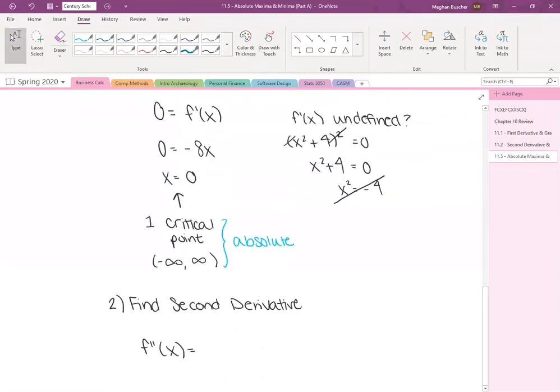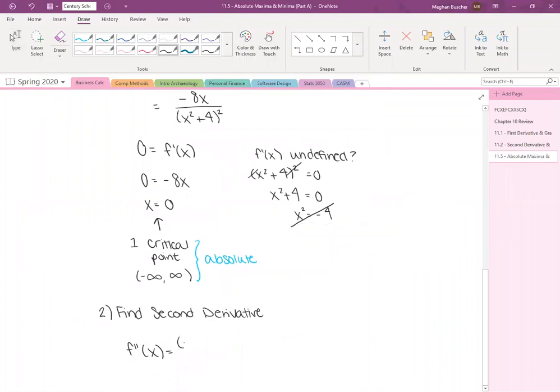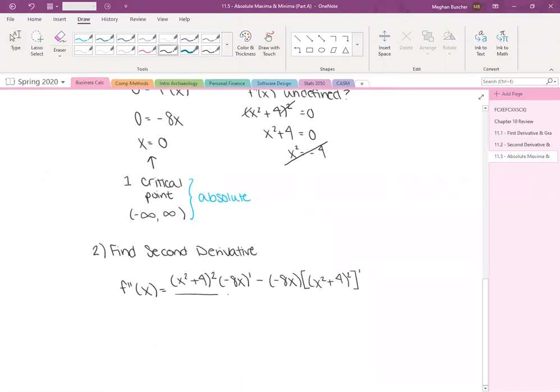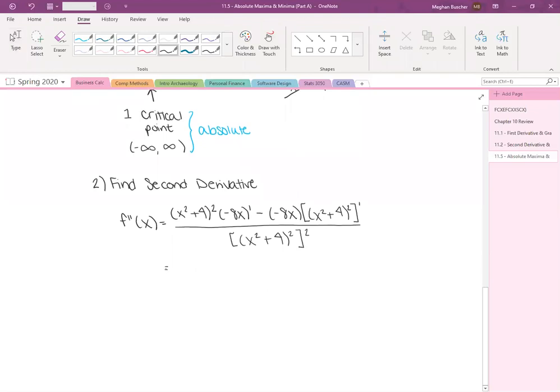So we're going to use quotient rule again. So we're going to start with the bottom. So I'm going to have to zoom out a little bit here. So we're going to have x squared plus 4 squared times the derivative of the top minus the top times the derivative of the bottom, and then all over the bottom squared. It's a little ugly, but it hopefully will come together kind of nice.